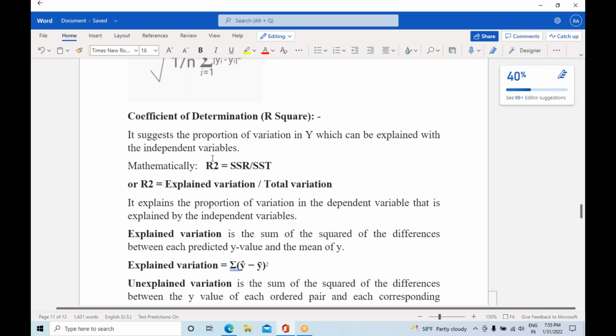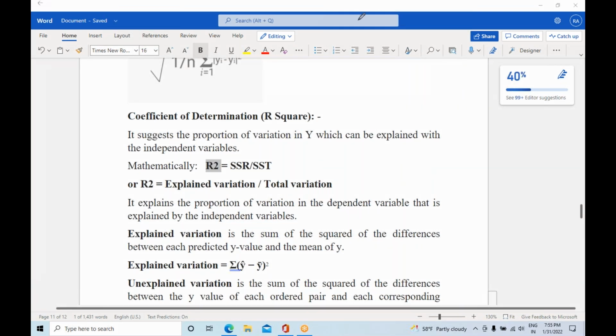So this is the R square. The formula of R square is SSR by SST. SSR means explained variation, and SST in the sense total variation.